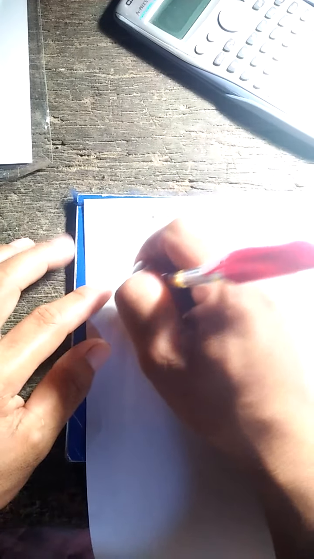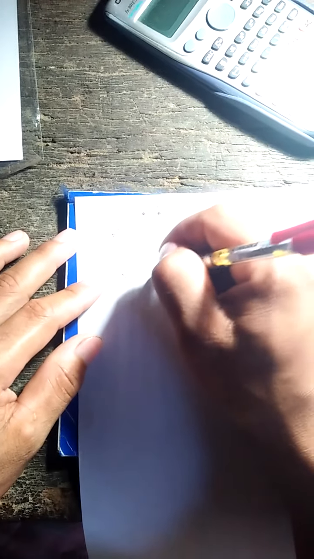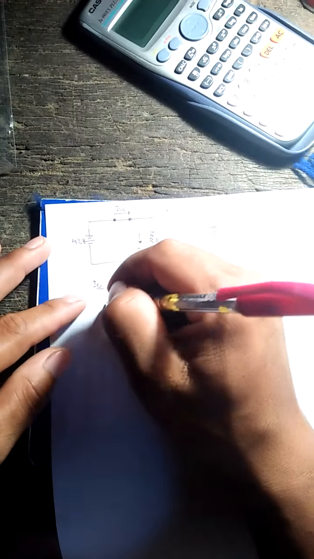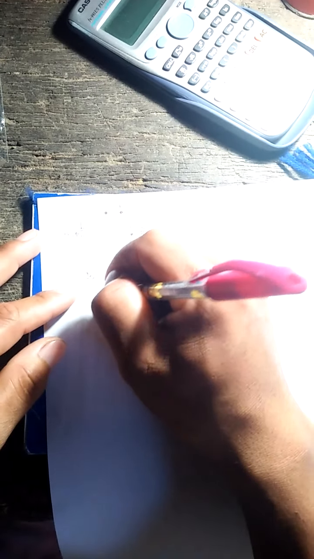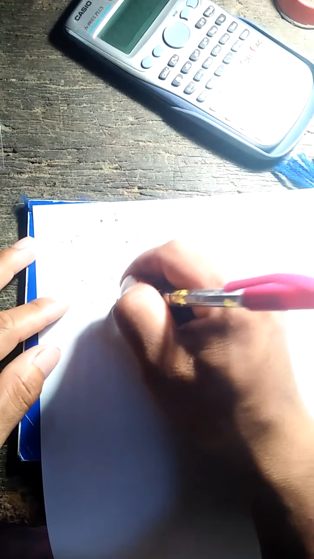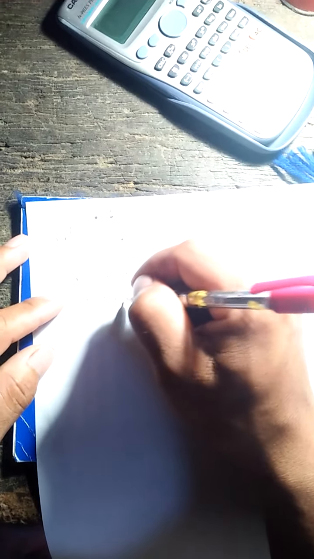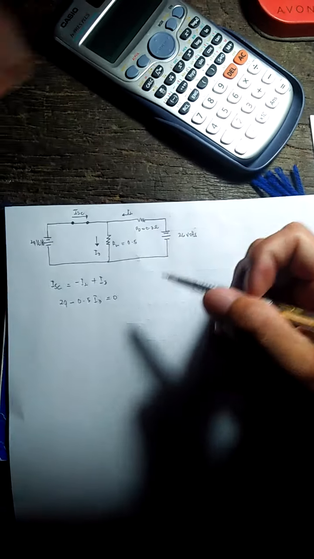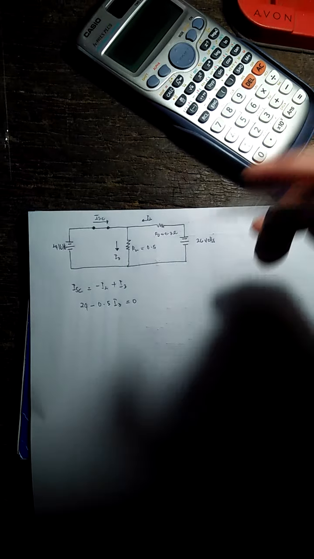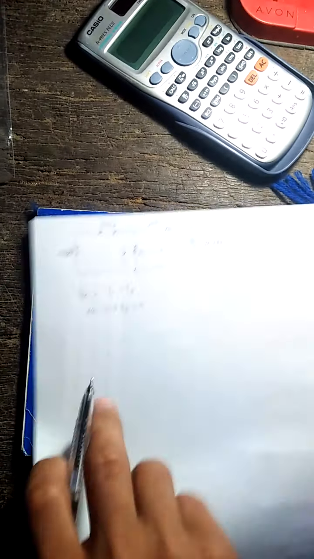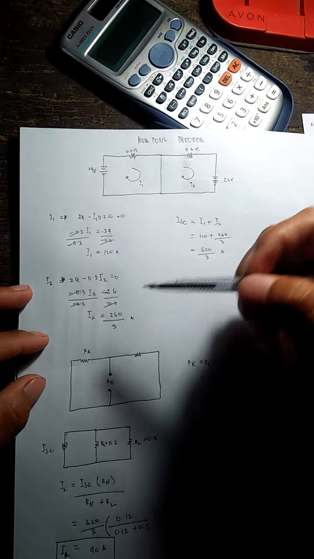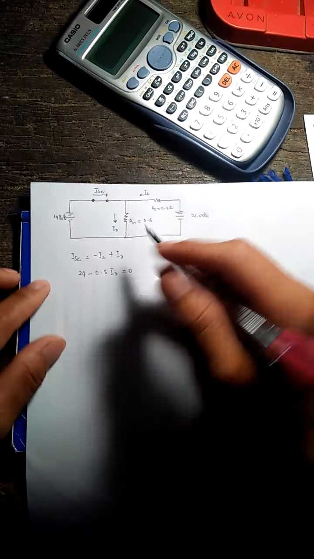Again, ISC is negative I2 plus I3. So 24 minus 0.5 I3. This equation is given, or we get that in this one, I1, I2. So we can now directly solve.